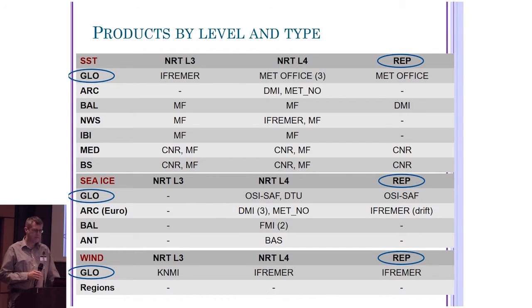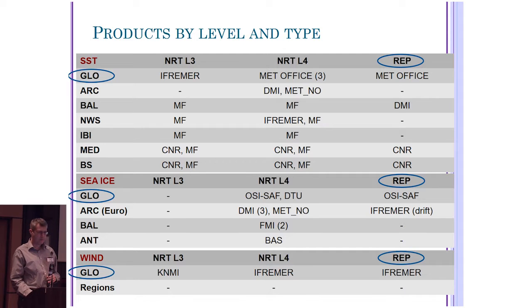So this is the display of products I mentioned earlier that was a bit easier to understand. We've got tables here for the different product groups. We've got SST, sea ice, and wind, and then also separated by regional coverage, so global, Arctic, etc. So for SST, we've got the most coverage in terms of different regional products.